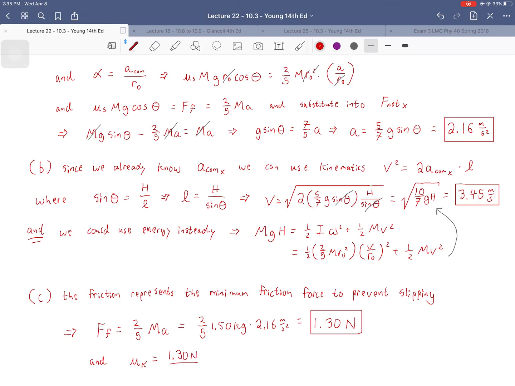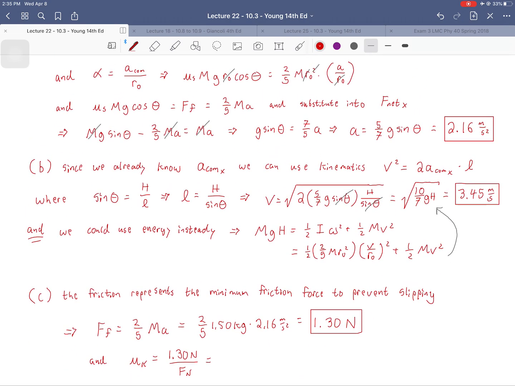mu k then would just equal that 1.3 newtons divided by Fn, which is just going to be mg cosine theta. Actually, let's write it symbolically here.